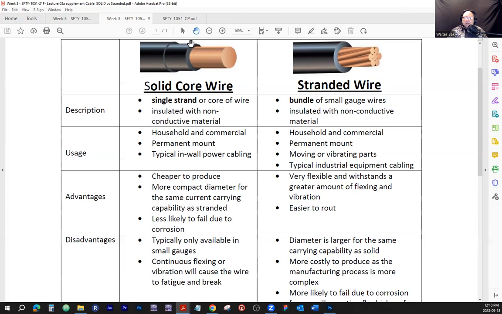Okay, so this solid core wire is less likely to fail due to corrosion. Why is that? Well, it only has a certain amount of area exposed to the elements to react with the air, moisture, and whatnot.